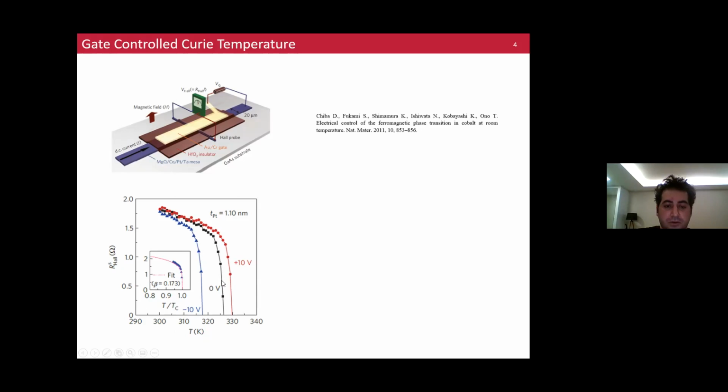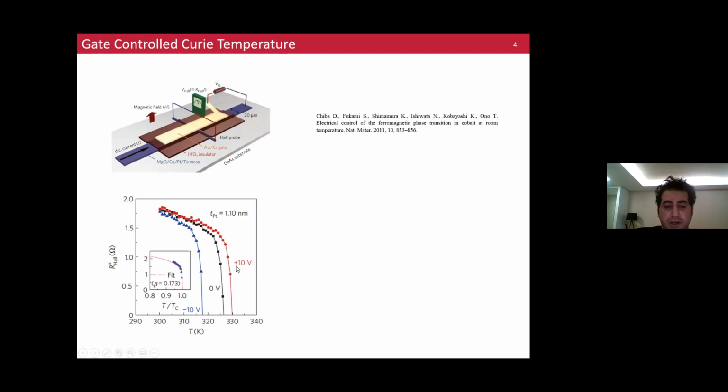If it goes to 0 as a function of temperature, we lost the perpendicular magnetic anisotropy or magnetization component here. So we can say the magnetic material becomes paramagnetic at this temperature. So this is the Curie temperature of the system under 0 voltage.